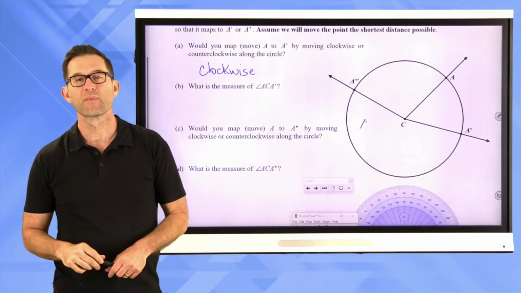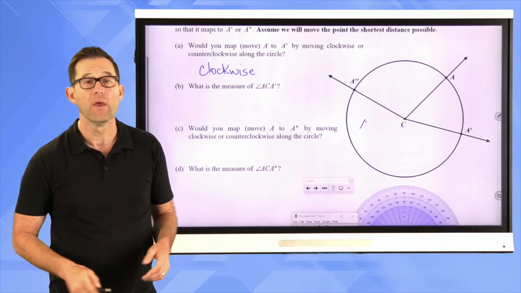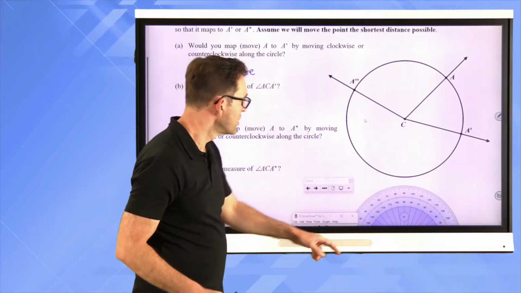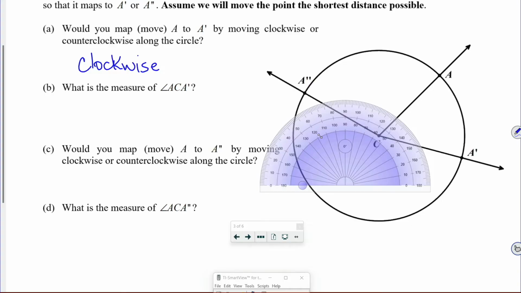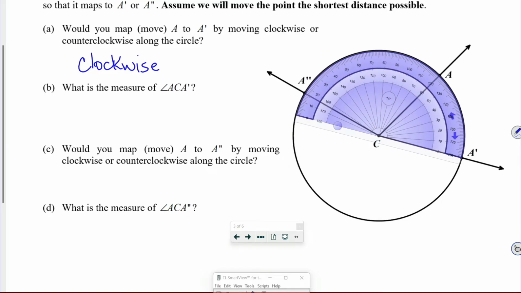Letter B. What is the measure of angle AC A prime? All right. Well, for this, you obviously have to use a protractor. So let's bring our protractor up and over. And we'll just kind of rotate it down like this.